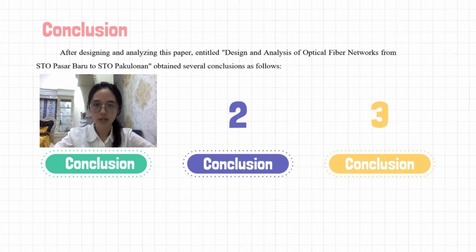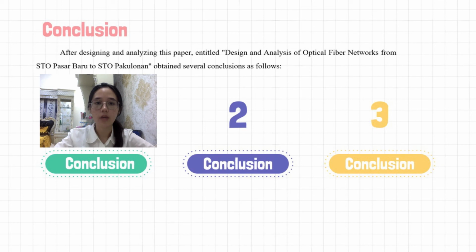The last conclusion from our major assignment is that our design is successful because the performance parameters, such as bit error rate, link power budget, rise time budget, Q factor, and the shape of the eye diagram pattern, are fulfilled well.